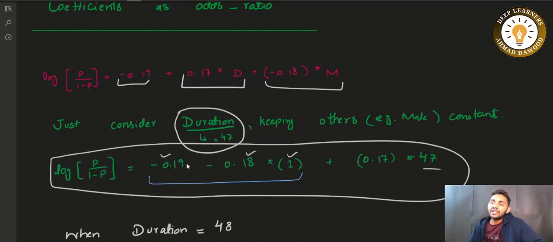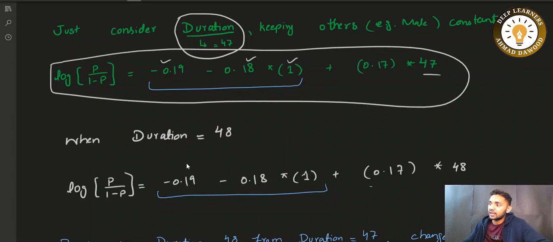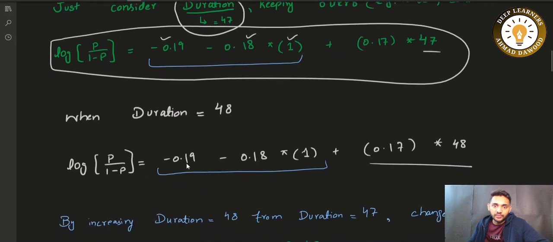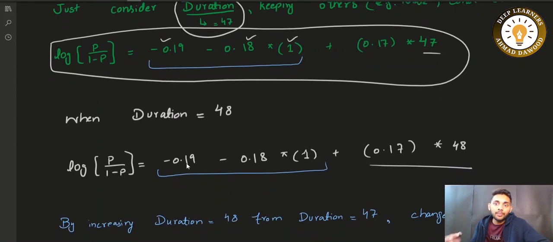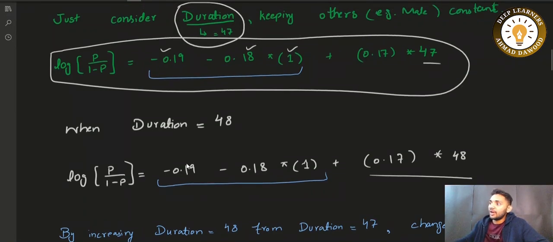Now you will increase the duration from 47 to 48. You will see here now you have 0.17 into 48. All the remaining terms should remain constant for a while, so that we can see the impact of the duration's coefficient. When duration increases from 47 to 48, we will see how much increase in log of odds.